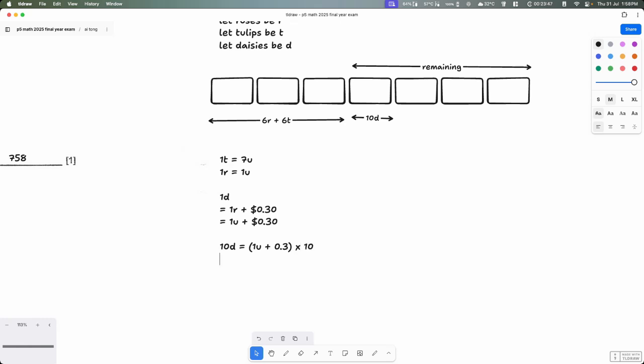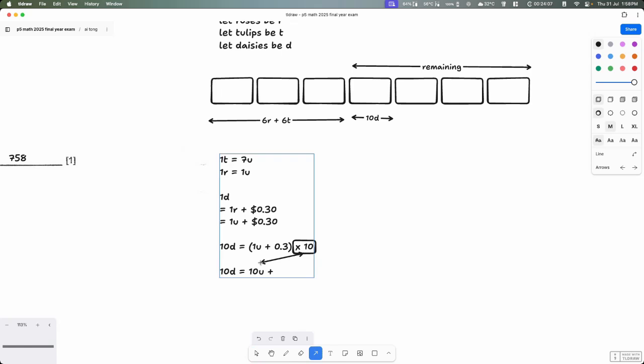So 10 daisies is equal to 10 units plus, so we have to multiply. When you multiply 10, you need to multiply for this thing over here.